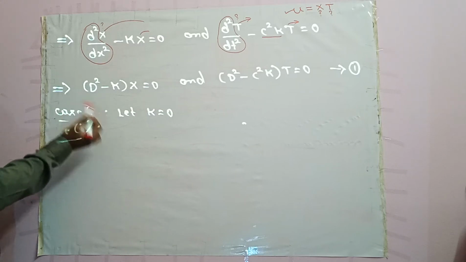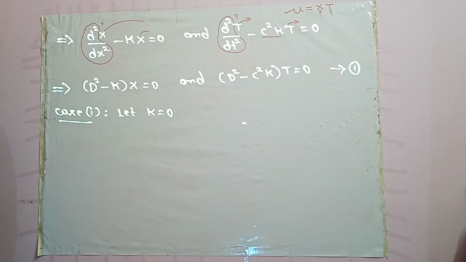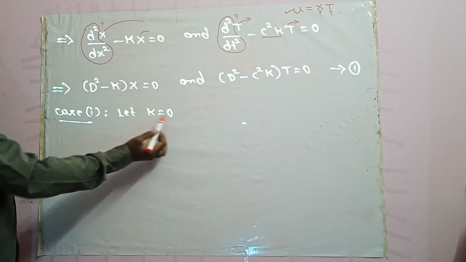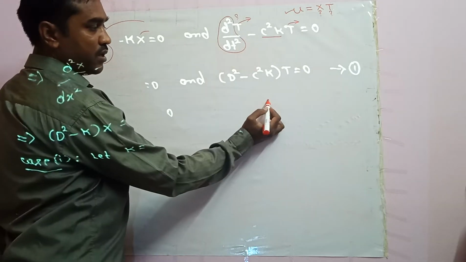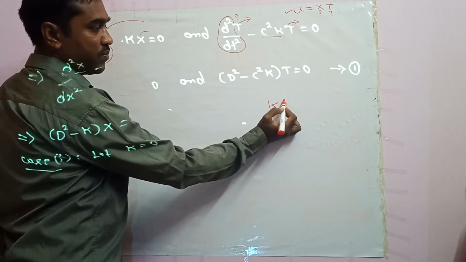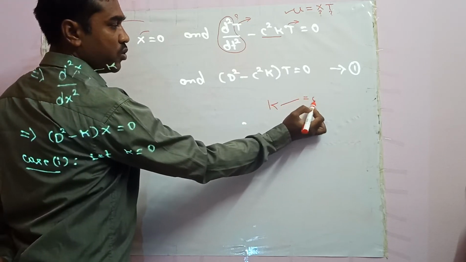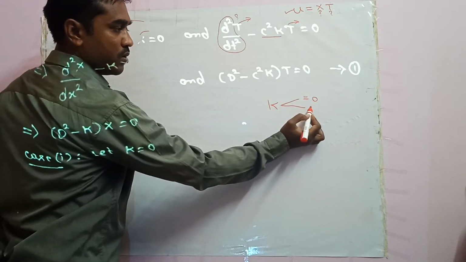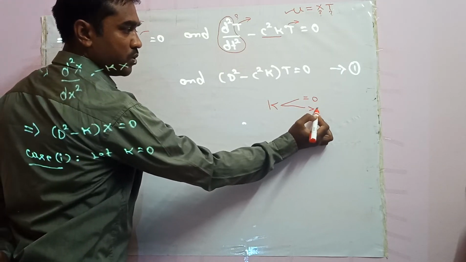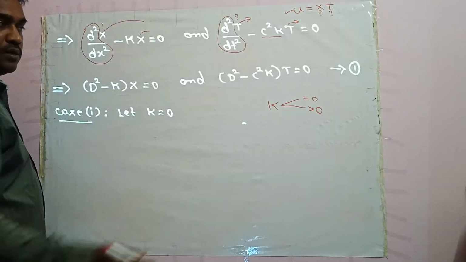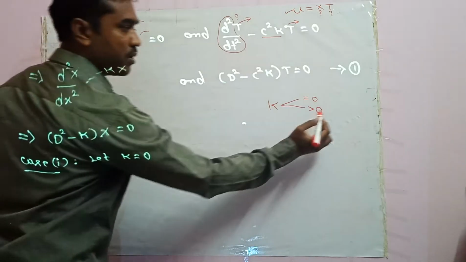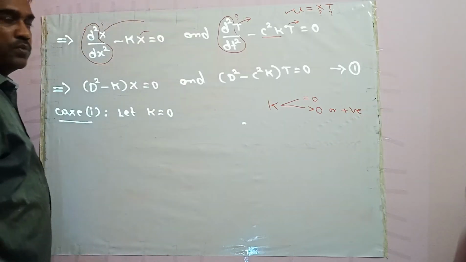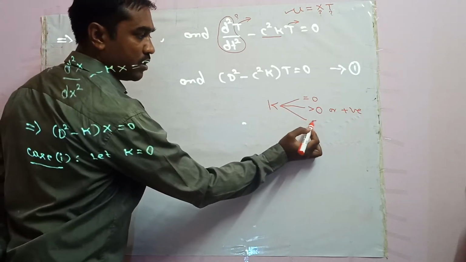Case 1. So here we need to deal with the cases. First case, let us take k is equal to 0. Here we can have the value of k as 0 in one case, positive, that is greater than 0, in another case, or negative, that is less than 0.